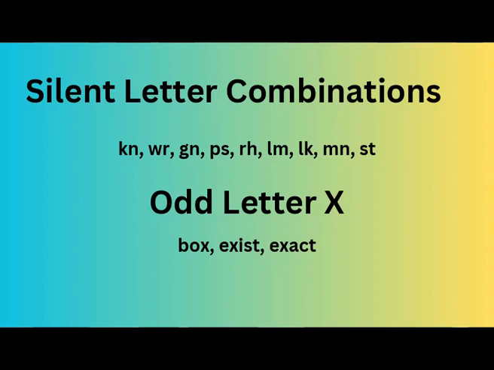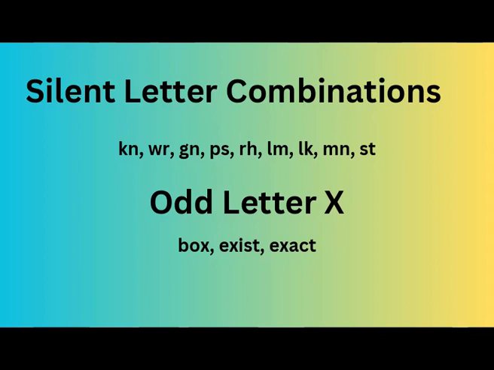We've got odd letter X, which is where the letter X is the only letter that stands for two sounds. So when you say the sound of X, it's ks. So it's that K and the S sound together. Occasionally, it'll say gz. So for instance, in the word box, you hear that ks sound, and exist, gz.